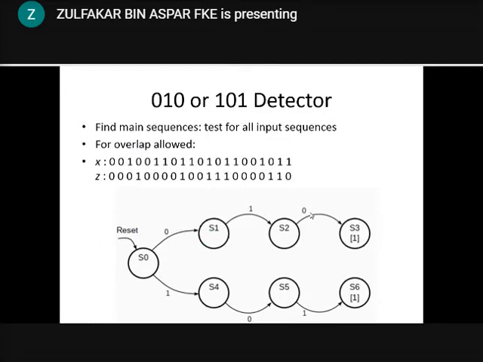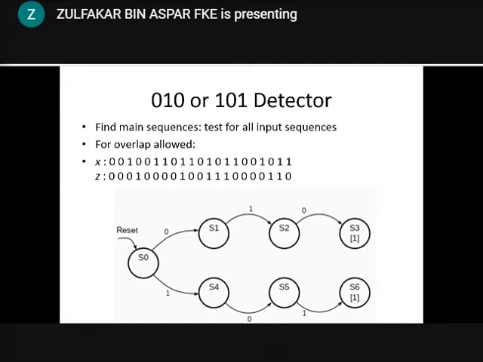Let's see. If overlap is allowed, how do we build the state diagram? The rules that I gave in the initial notes: we should build the Moore model first, and we should build the main sequence first.